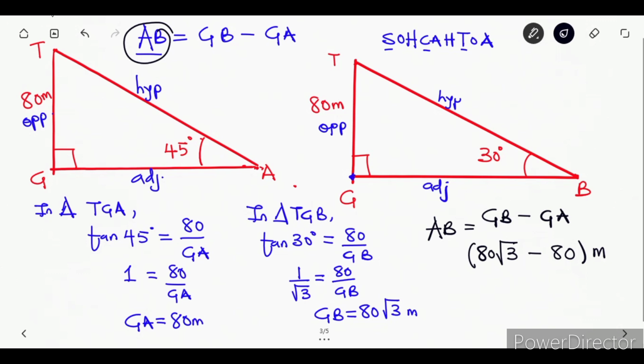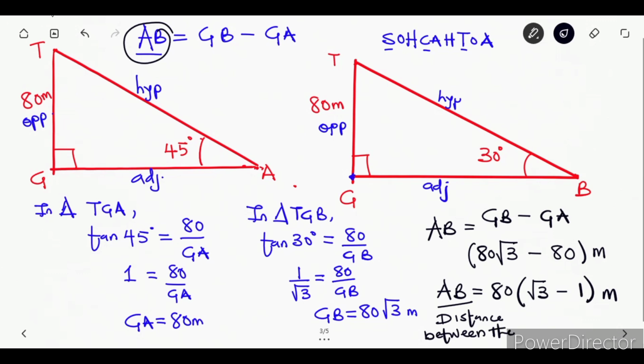Since 80 is common to both terms, I will have my AB equal to 80 into bracket root 3 minus 1 meters. So the distance between the two boats is 80 into bracket root 3 minus 1.